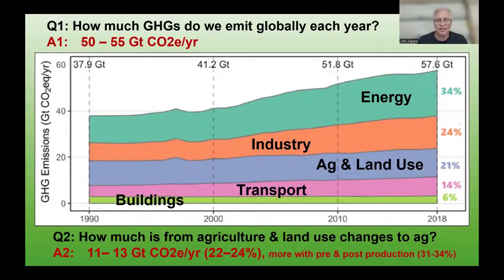But when we split the available data by sector, the largest single driver is energy at 34%, and it's followed by heavy industry at 24%, and right behind those two is agriculture and land use, which sits at 21%. Transportation is at 14%, and buildings constitute the remaining 6%.